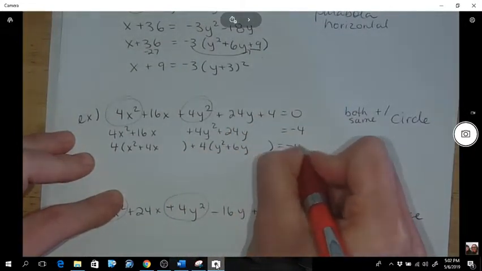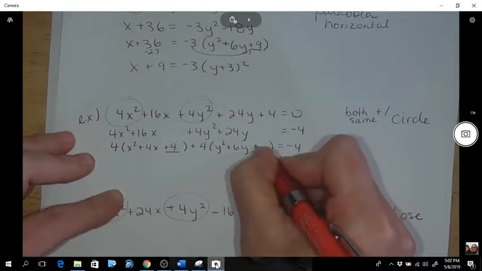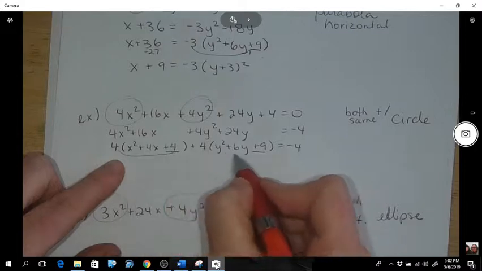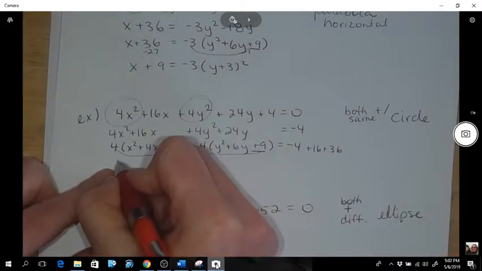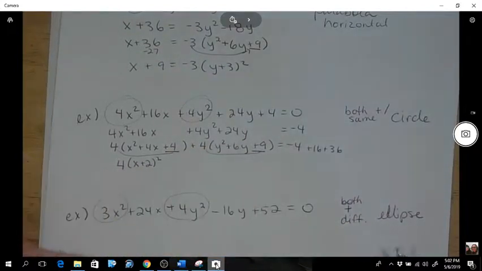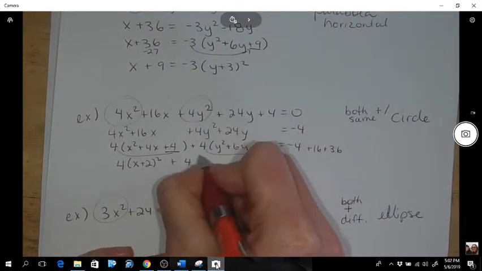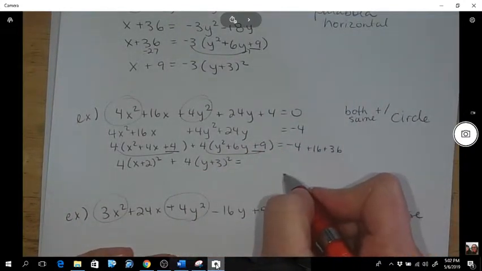Okay, create the blanks. So this is a 4, this is a 9. I add 16 and 36. So this is (x plus 2) in the brackets as a binomial. And we have a (y plus 3) in the brackets. And this comes out to 48.